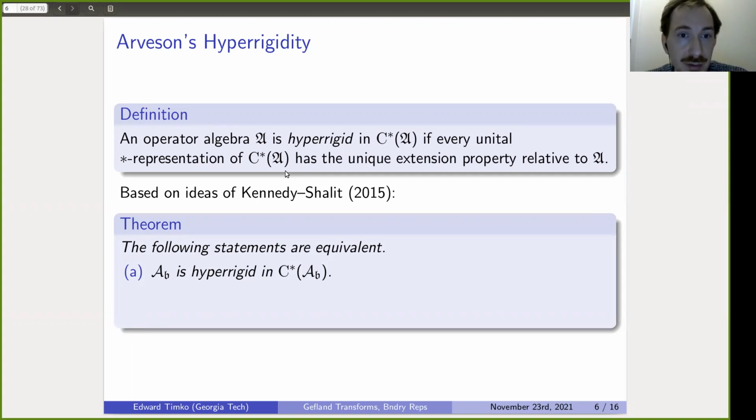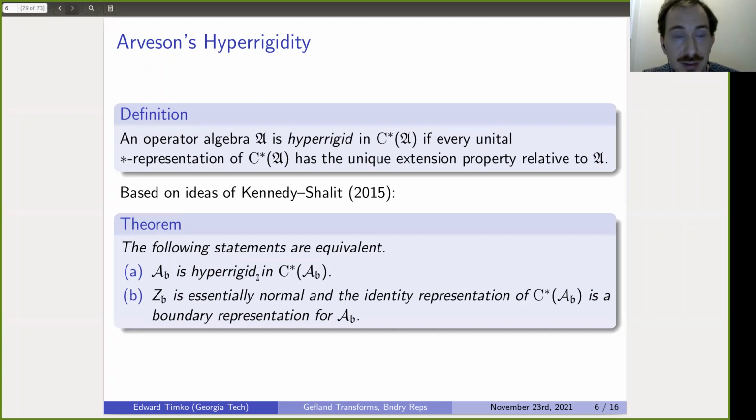The following statements are equivalent: A sub B is hyperrigid in the C-star algebra it generates if and only if Z sub B is essentially normal and the identity representation of the C-star algebra generated by A sub B is a boundary representation for A. Now, if I'm remembering correctly, in Kennedy and Shalit's paper, for the type of ideals that they're considering, the identity representation being a boundary representation is automatic, and so in that context you have an equivalence between hyperrigidity of A sub B and Z sub B being essentially normal.